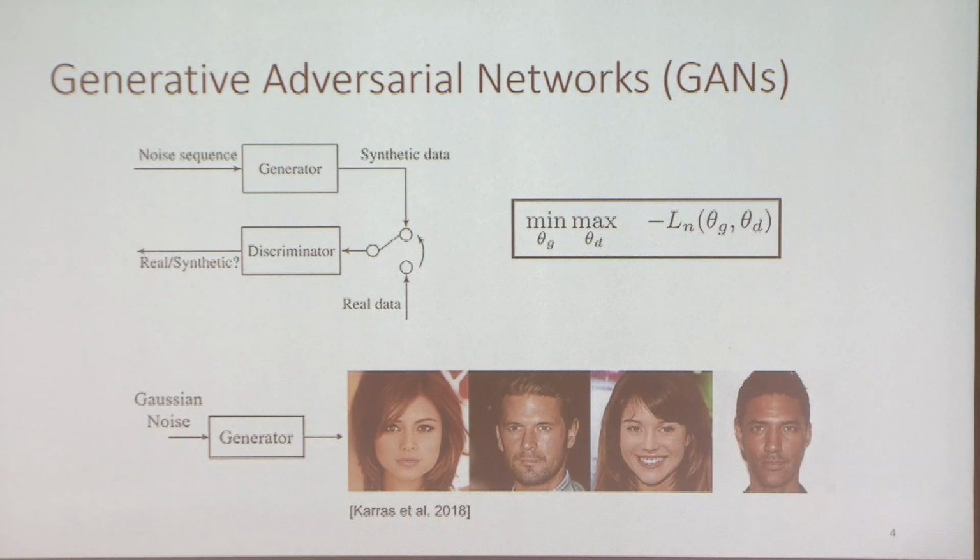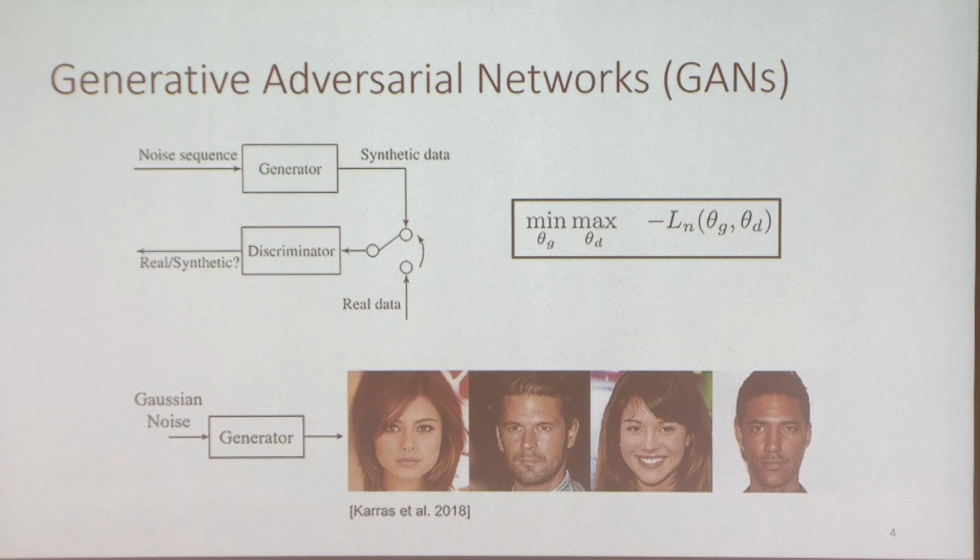So this is basically a binary classifier, the one at the bottom. And they're trained via a minimax optimization framework, and they have come a long, long way. So this is somewhat outdated now. You can imagine how fast this landscape is moving. But we can generate real-looking faces that are purely synthetic.